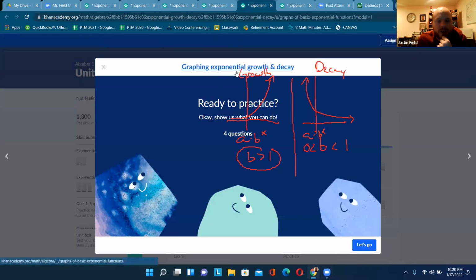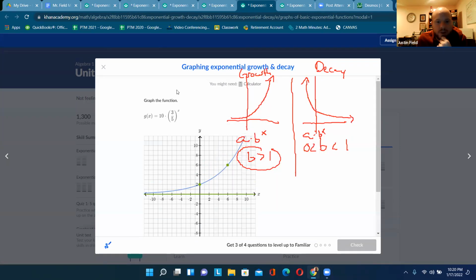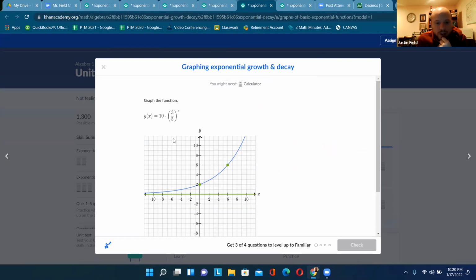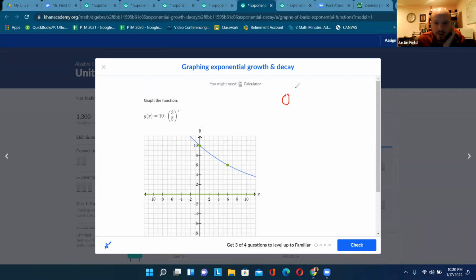Okay, graphing exponential growth and decay. So what we want to do is put the y-intercept there. This is 3/5. So we want to have a decay factor of 3/5. We're going to use that table here.